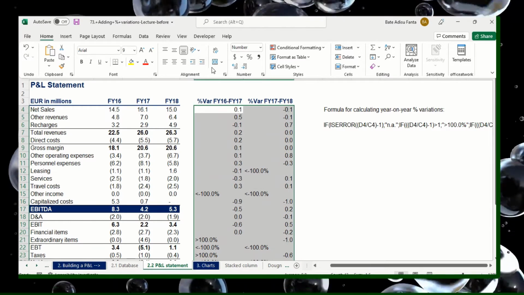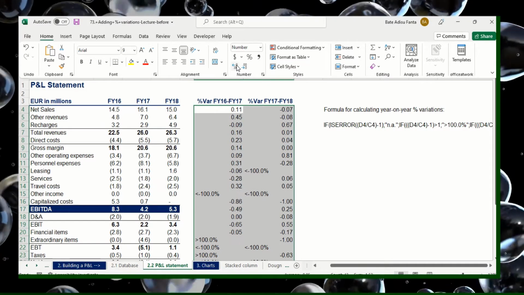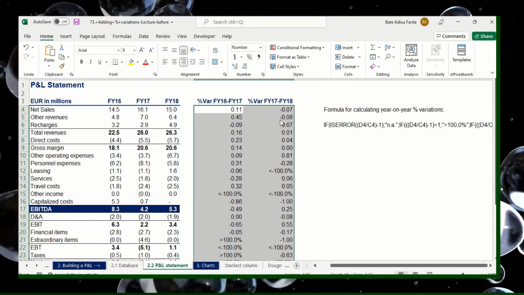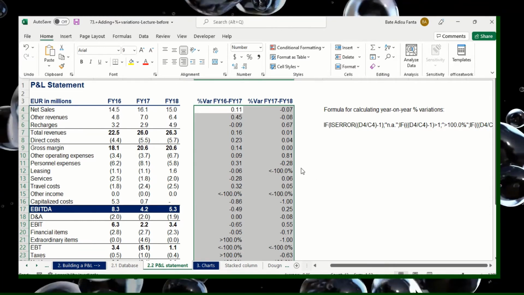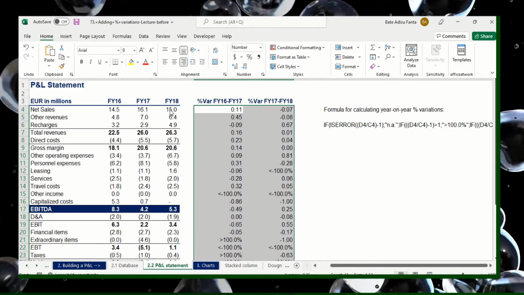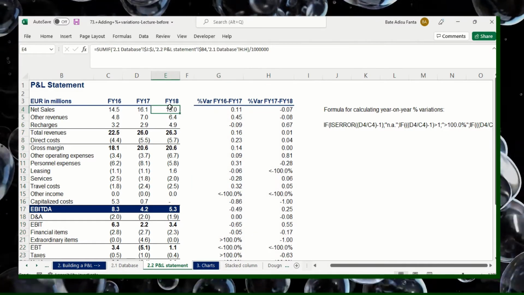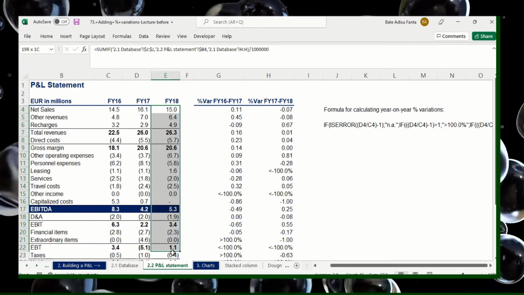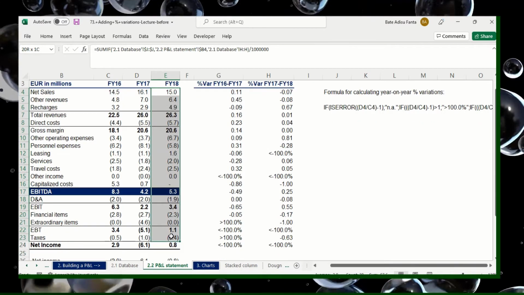I think that's okay. And let's take it to the right. Yeah, that's it. And let's also copy this format to our percentage variation columns.